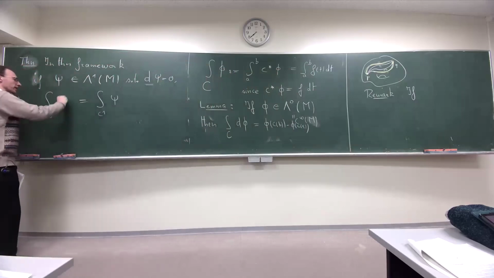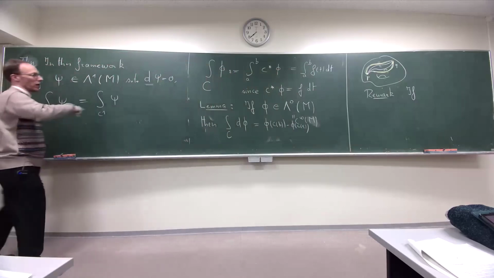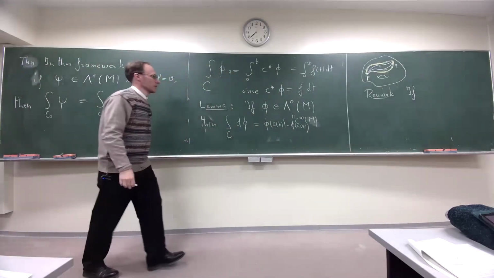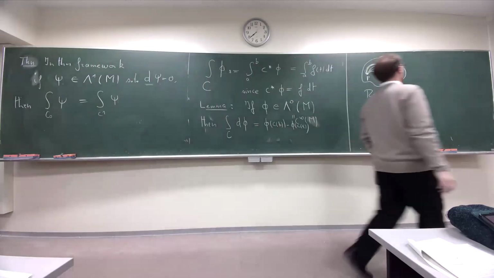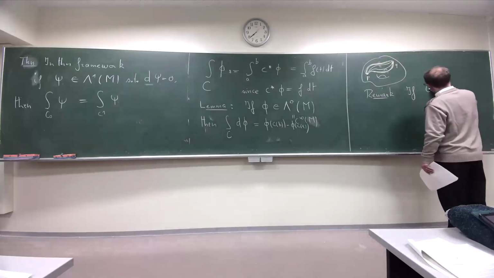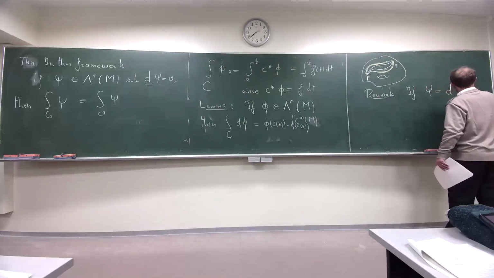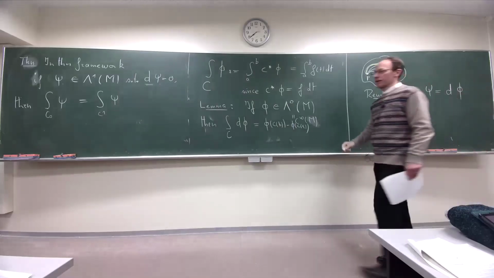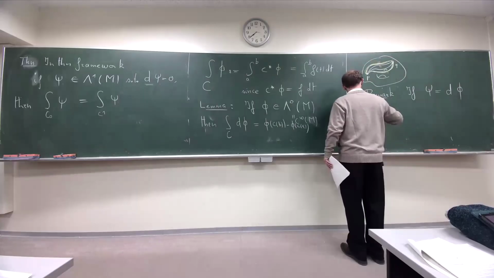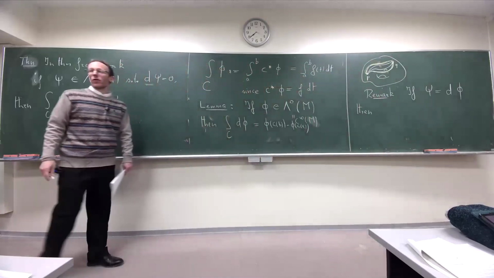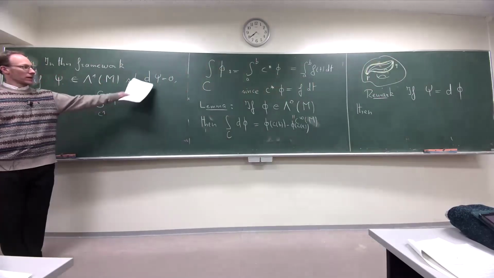It's unfortunate because this one is of degree 1 and this one was of degree 0, so it was not a good notation. Now, if psi is an exterior derivative of a phi, then what we know is that the exterior derivative of psi is of course 0.